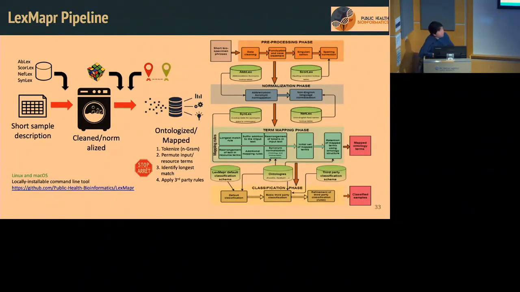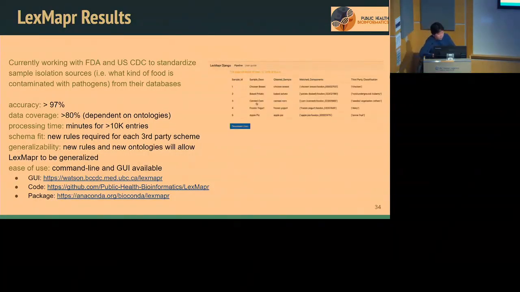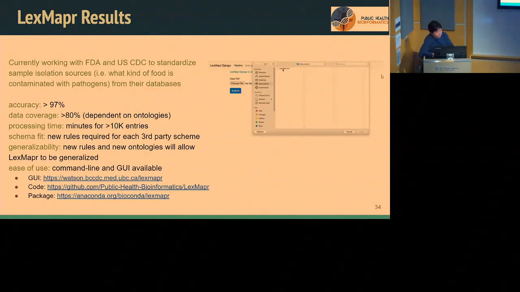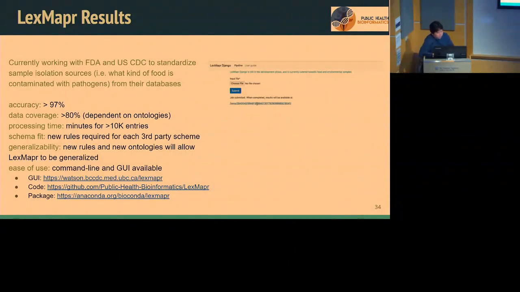I should also mention that all our tools are publicly available, so anything that I presented, you can actually go and try yourself and complain if the case may be. Here you can see an example of how that works. In terms of the actual application, you can just open up the file and send it to our online service, and a few seconds later you get your terms back cleaned and mapped to ontologies.